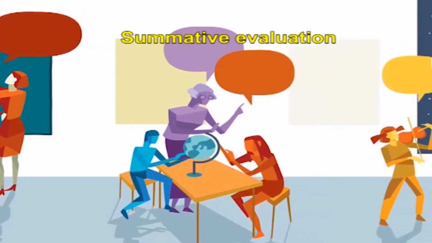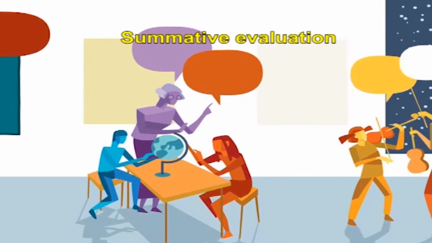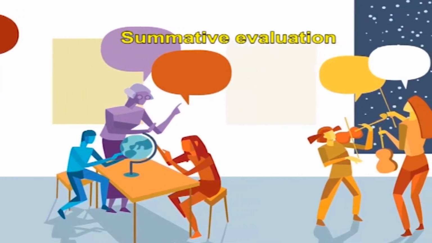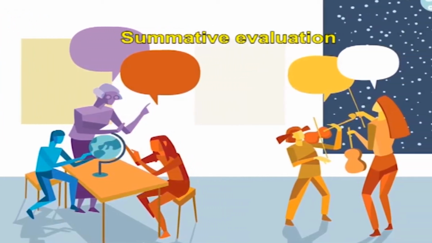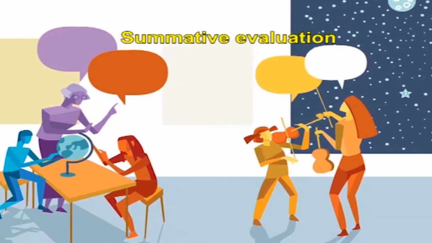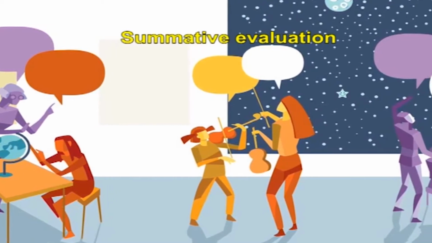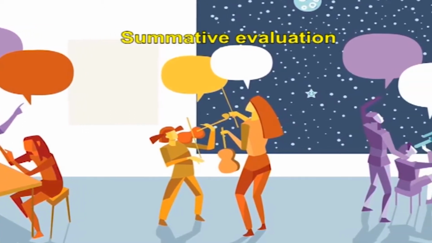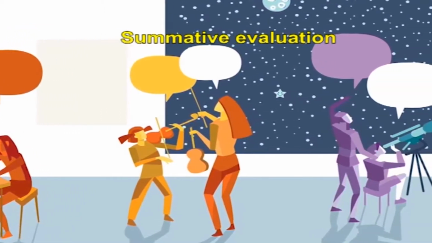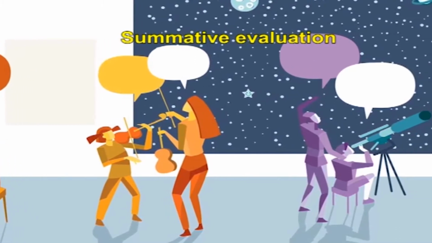Summative evaluation is judgmental in nature and often carries threat with it, that the student may have no knowledge of the evaluator and failure has far-reaching effect on the students. However, it is more objective than formative evaluation.